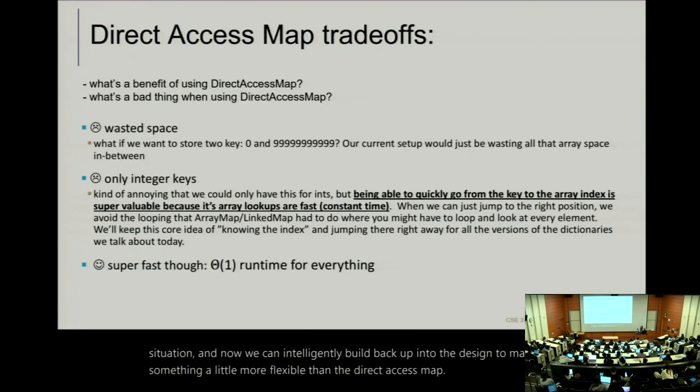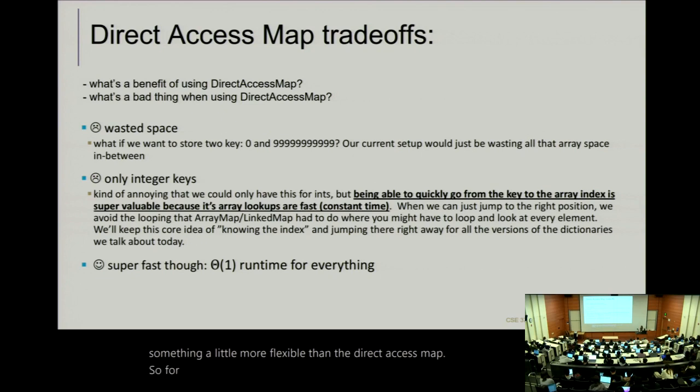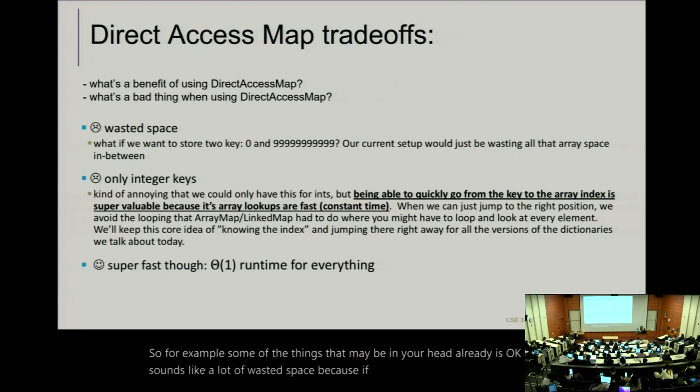So, for example, some of the things that may be in your head already is, okay, that sounds like a lot of wasted space, because if I want to accommodate int values, I need to make an array that is at least the size of my largest int value. And what if, for example, my int values were your student numbers?